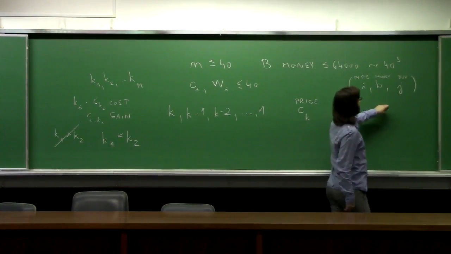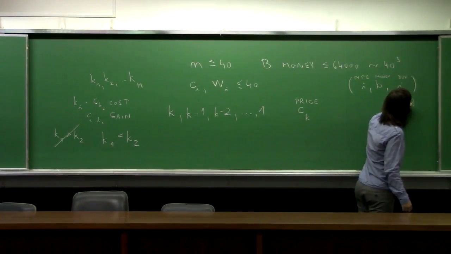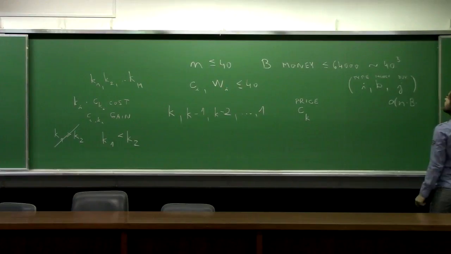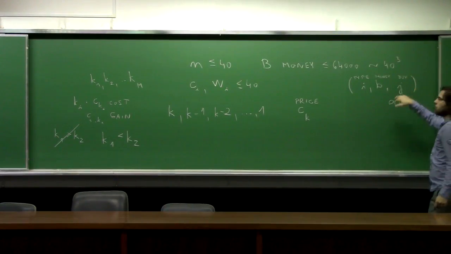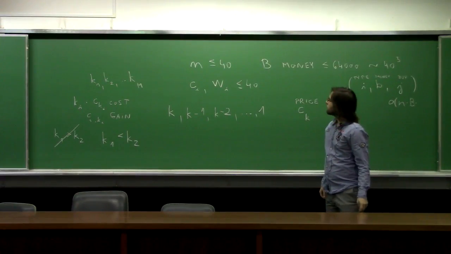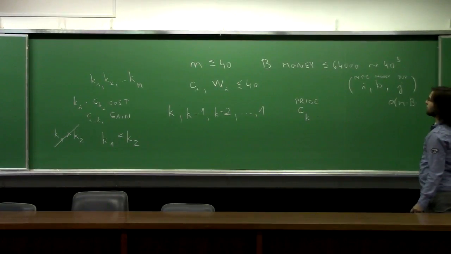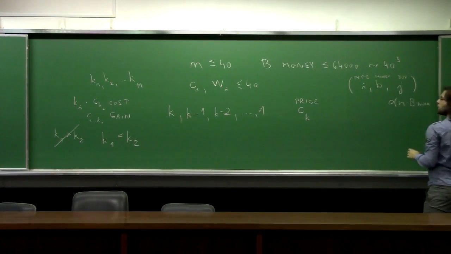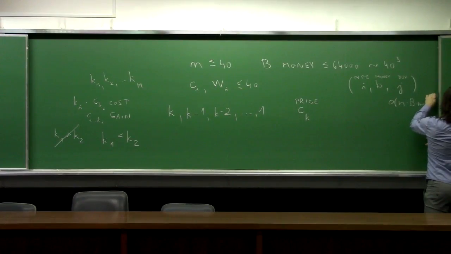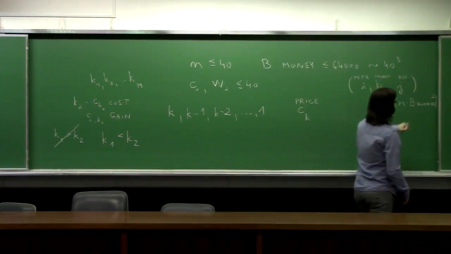There are a total of O n times B times this number, which can be only up to max W times n.